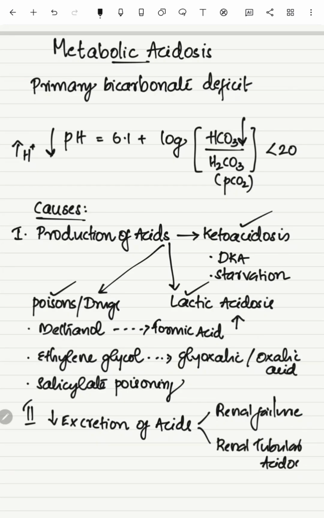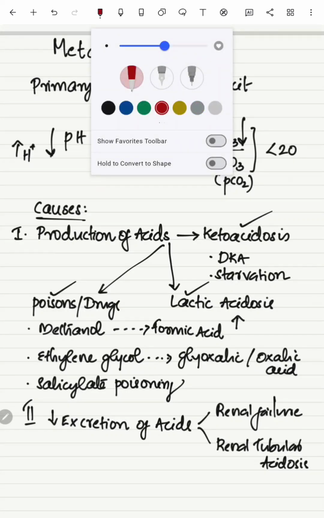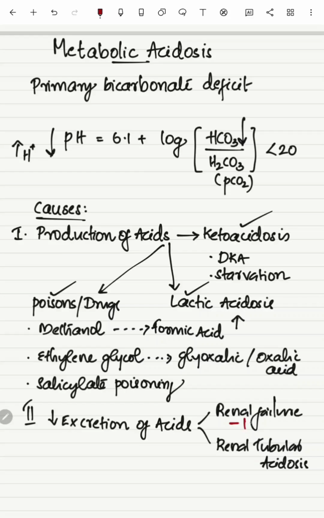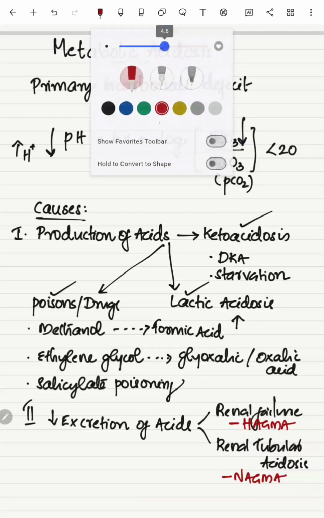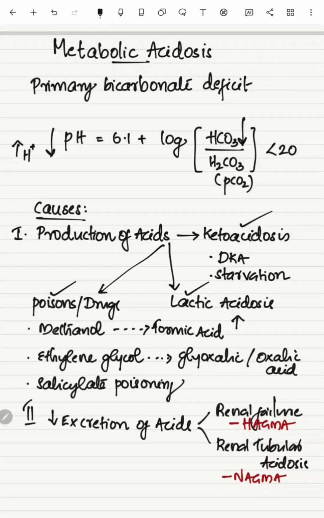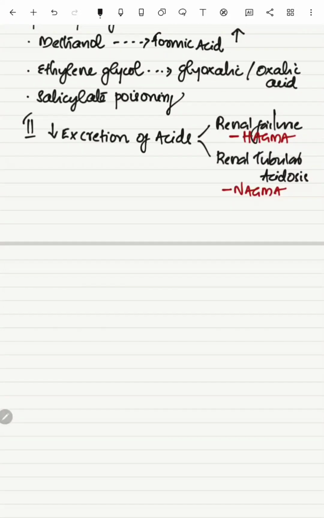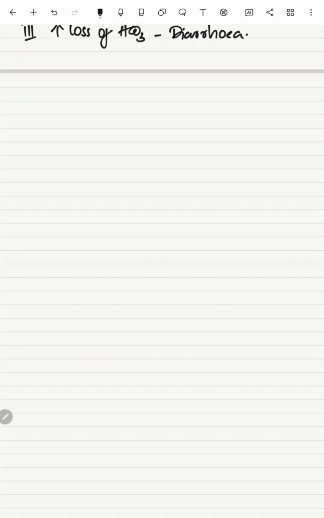Renal failure is the commonest cause for high anion gap metabolic acidosis, HAGMA. Renal tubular acidosis is the commonest cause for NAGMA, normal anion gap metabolic acidosis. We'll be discussing this in detail later in this video. Now the third cause is increased loss of bicarbonate ions, especially in diarrhea.